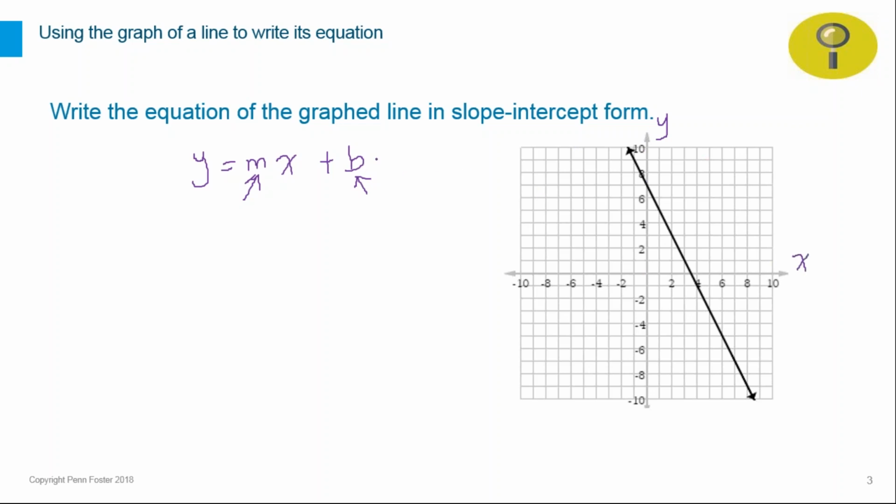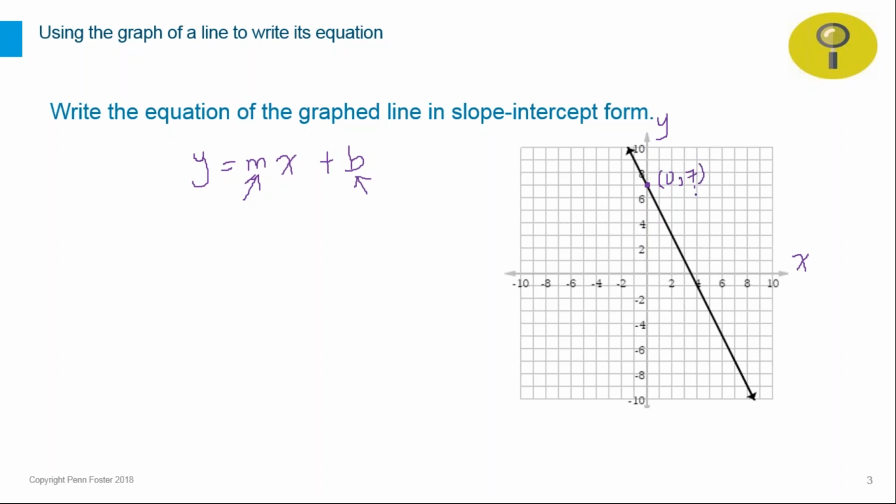Well, the b is easy. We look at the graph and just point at the location, or the point on the plane, where this line intersects with the y-axis. So this point for this line is 0 and 7. And this is where the line intersects the y-axis.